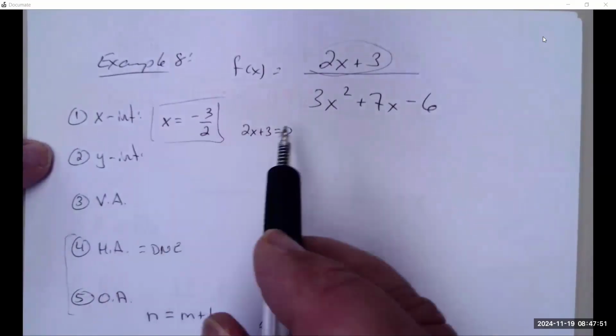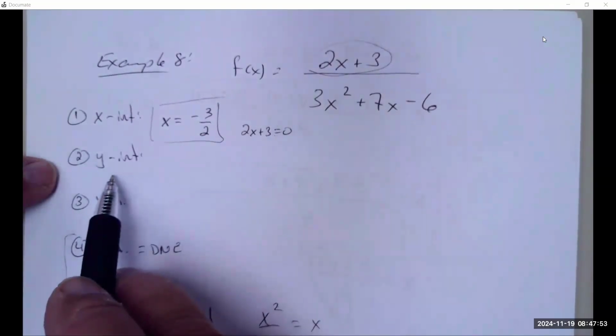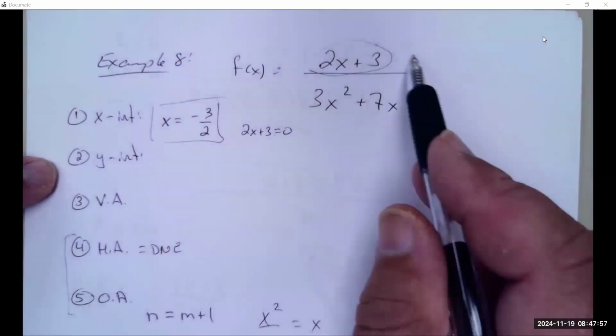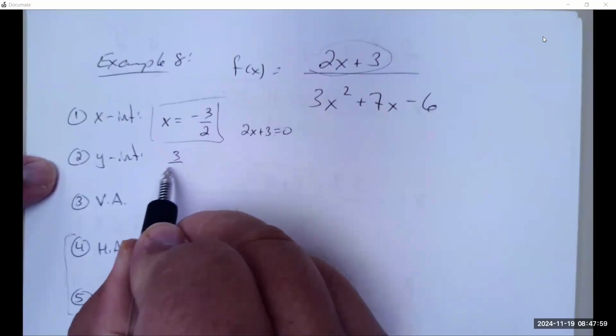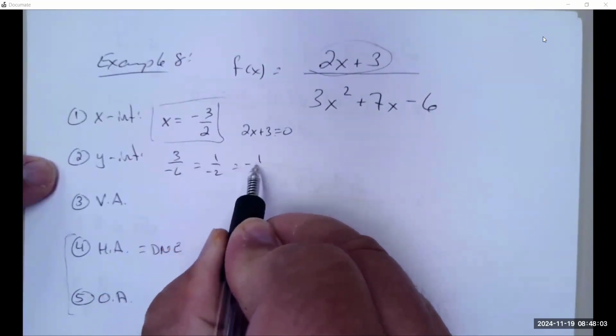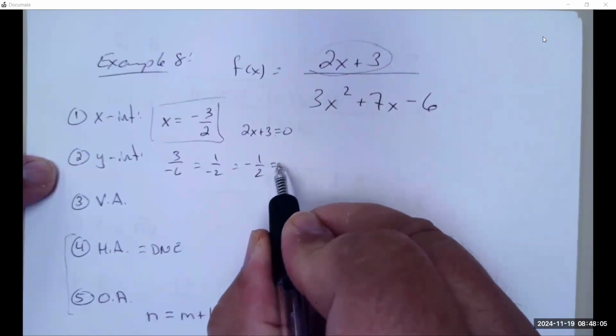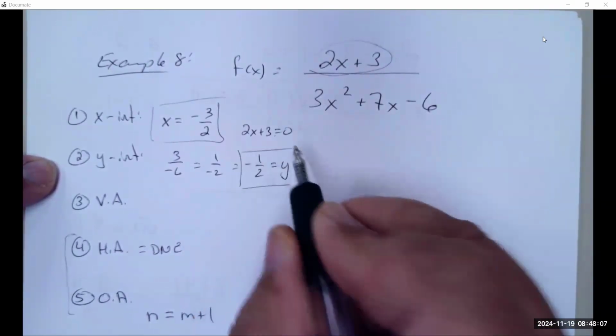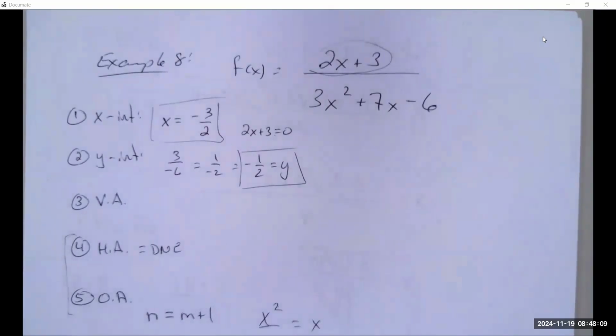So for the x-intercept, set the top equal to 0. How do you find the y-intercept? Only look at the constants. So we have 3 over negative 6, which is negative 1/2. So we know y equals negative 1/2.